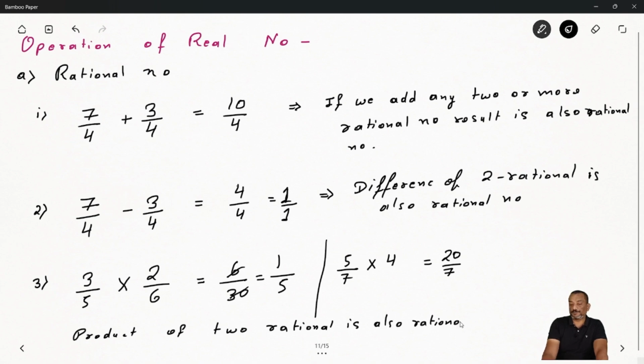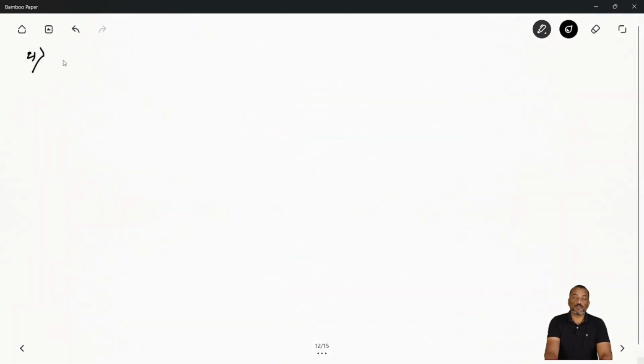Hope it's clear. Now we have to see the fourth property. It says if we divide any two rational numbers, suppose 1 over 5 is divided by 3 over 4. 1 over 5 is a rational number and 3 over 4 is also a rational number.